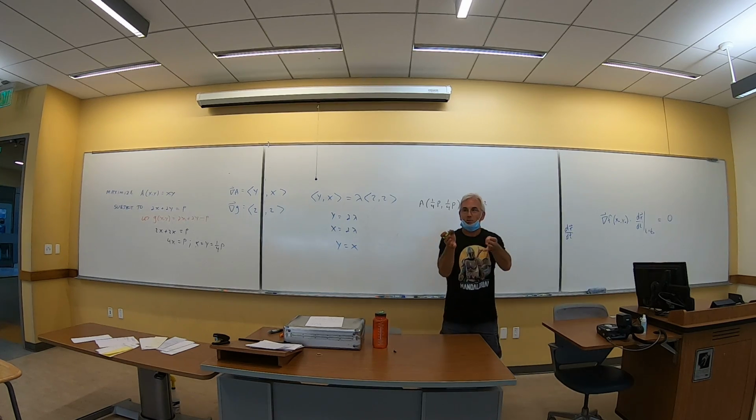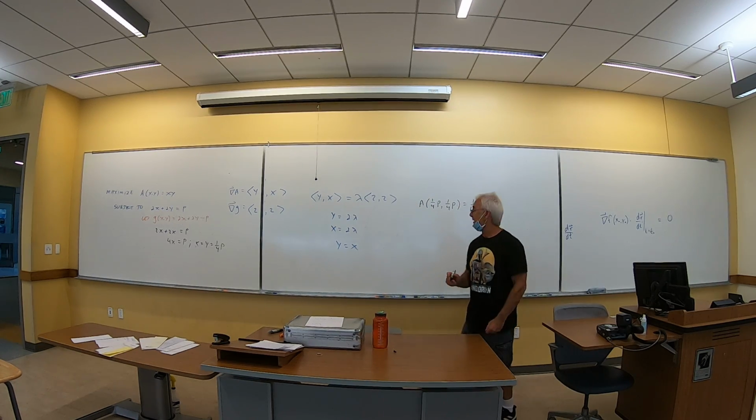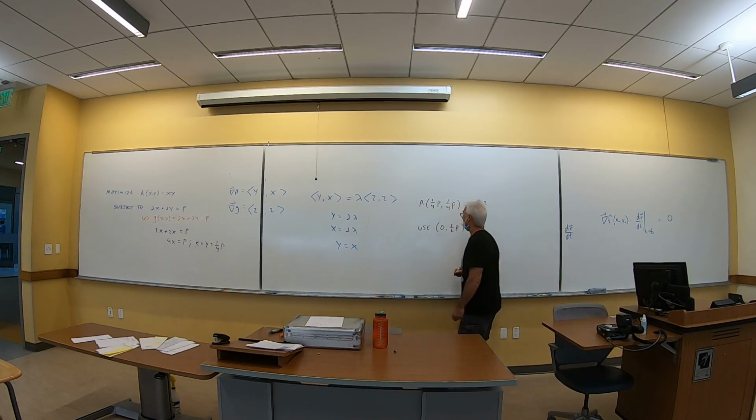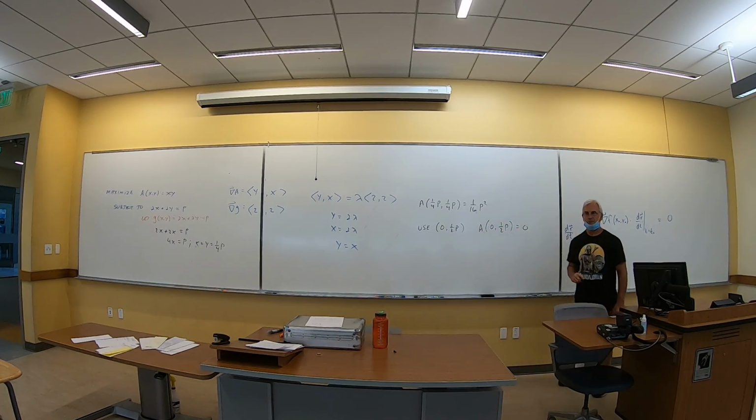So I can't use 0, 0. That doesn't satisfy the constraint. Can I use 0, comma 1/2 p? All right. So let's use 0, 1/2 p. So then what is A of 0, 1/2 p? Well, that's 0, which is less than 1/16 p squared.